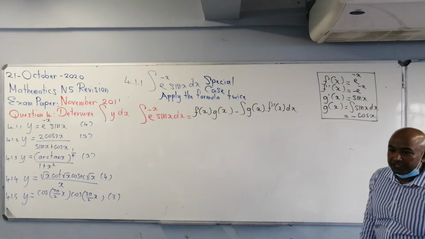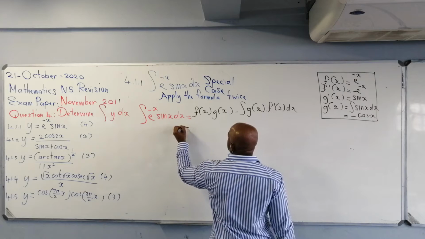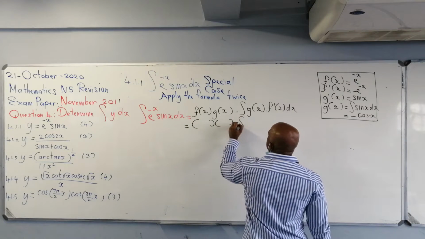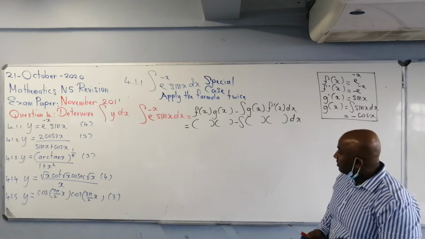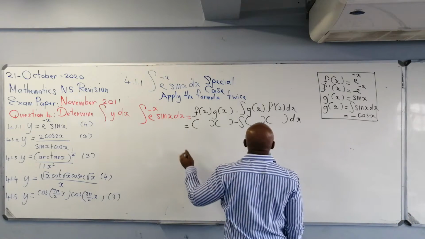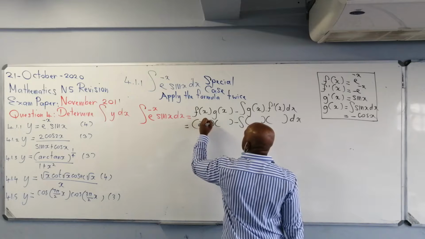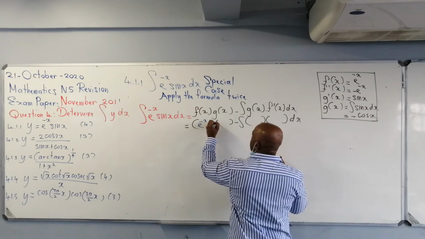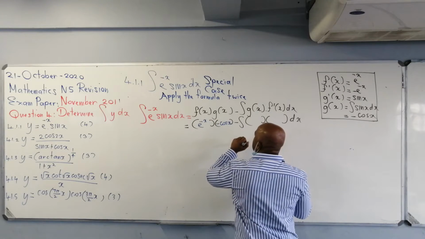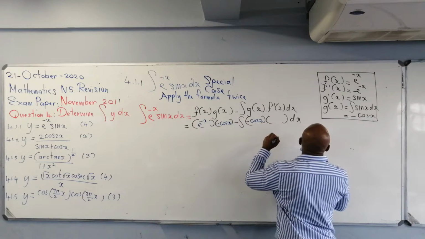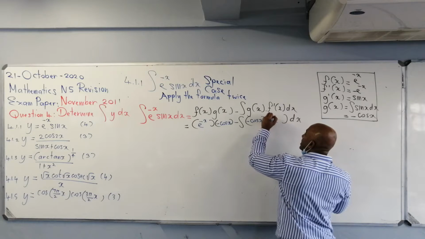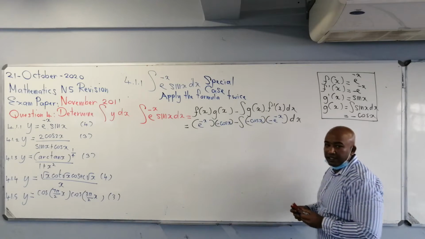So let's do the substitution. So my f of x is e to the power minus x, g of x is minus cos, and f prime x is minus e to the power minus x.